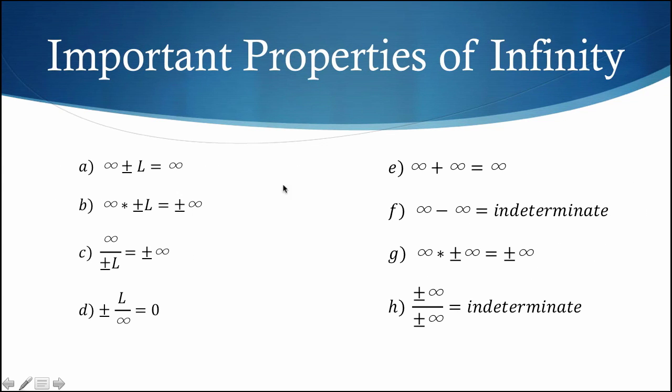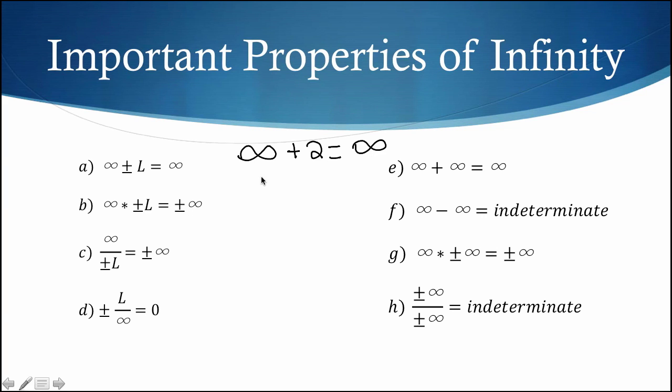Okay, we want to talk about some important properties of infinity, because this will help us manipulate limits whenever we're trying to find an answer. So for example, for the first property, if you take infinity and add it or subtract it to a number, then you're going to get infinity, because it doesn't matter what the number is. As long as it's a constant number, infinity plus a number is just infinity, or infinity minus a number is still infinity.